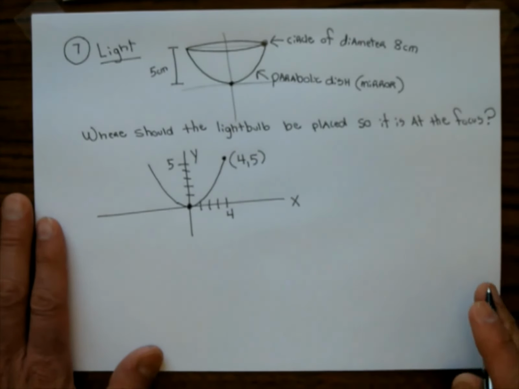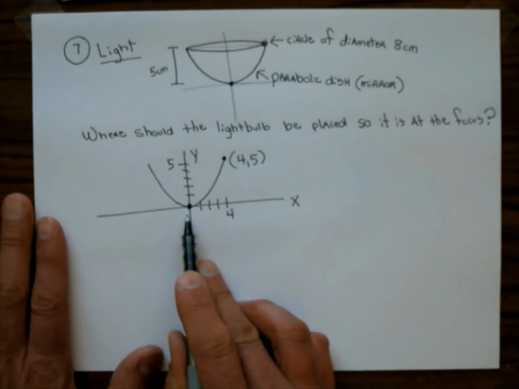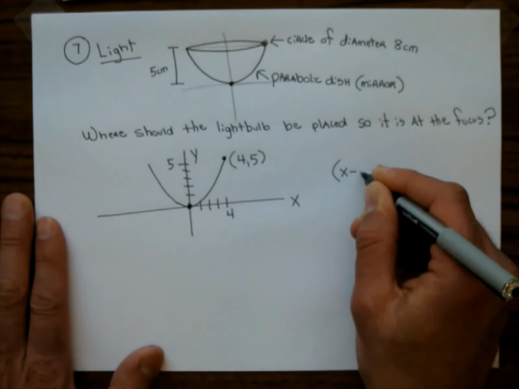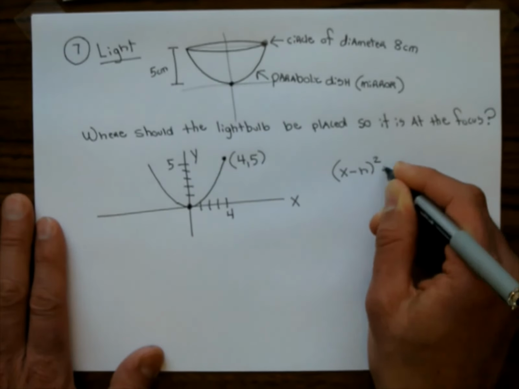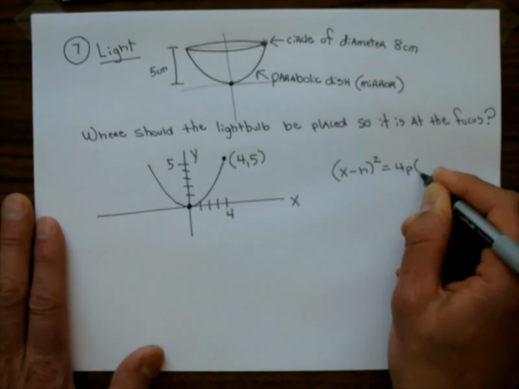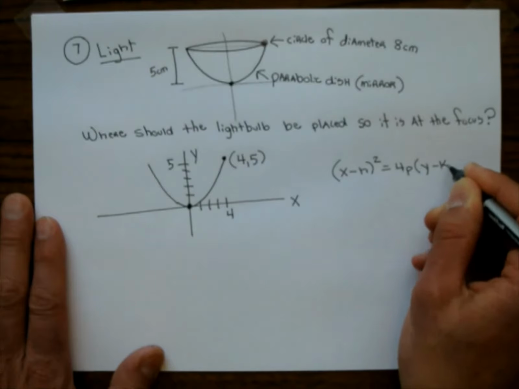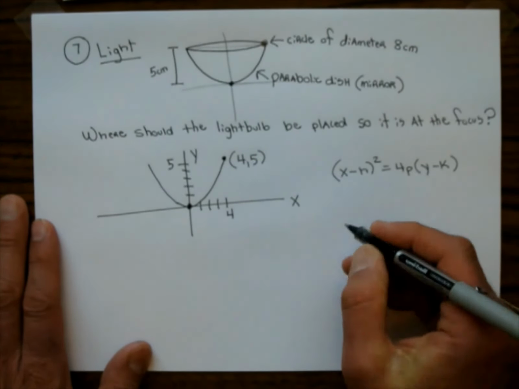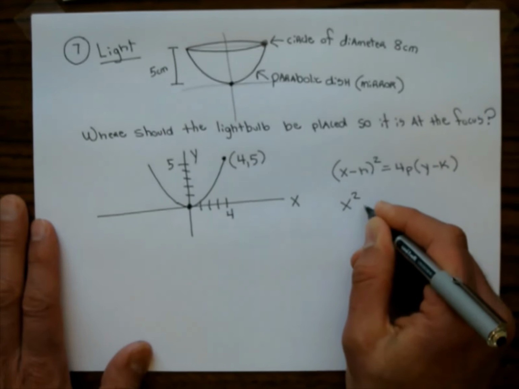And so we know that this parabola opens up. So it's going to be an x squared parabola. Now, because I chose to put the vertex h, k at 0, 0, it's going to be a lot simpler.